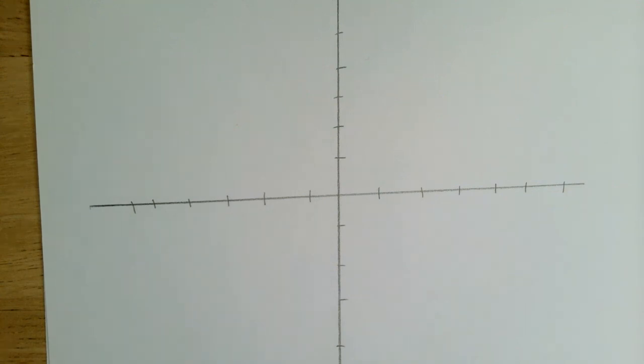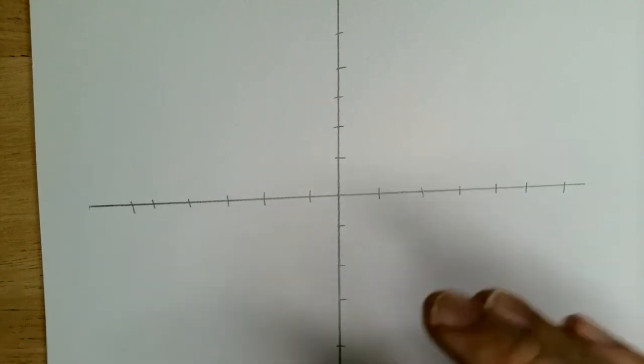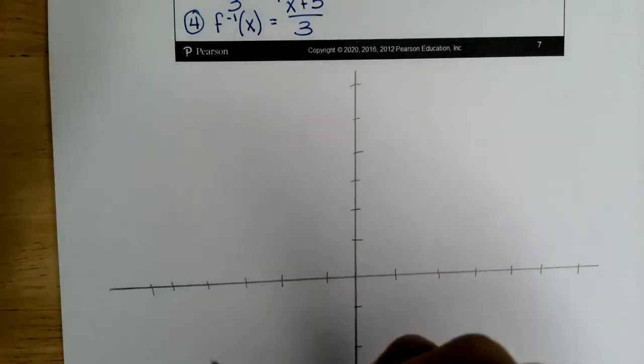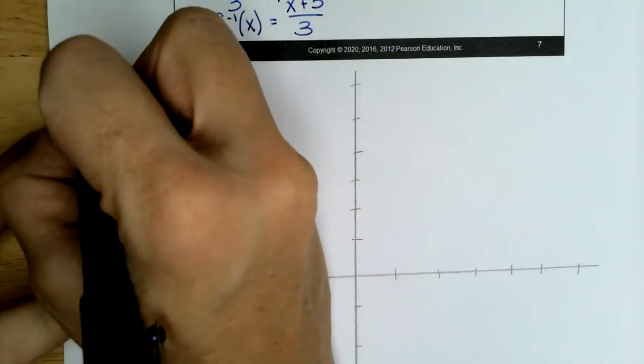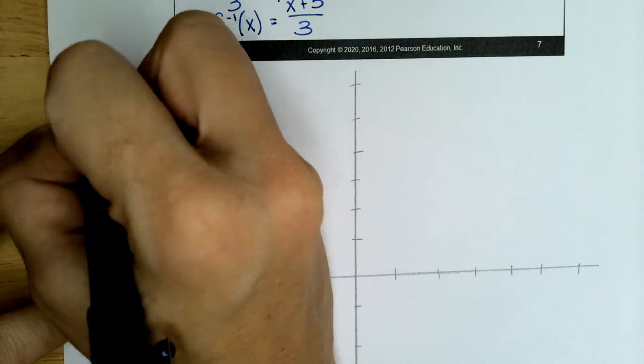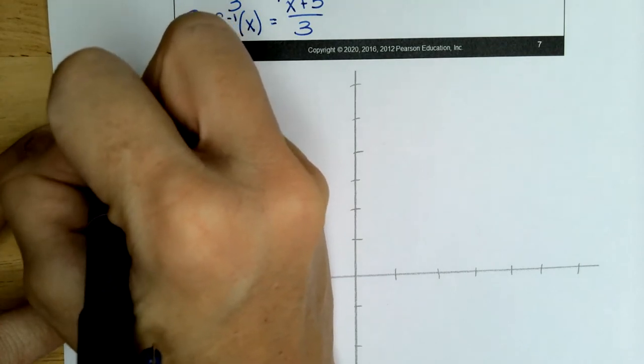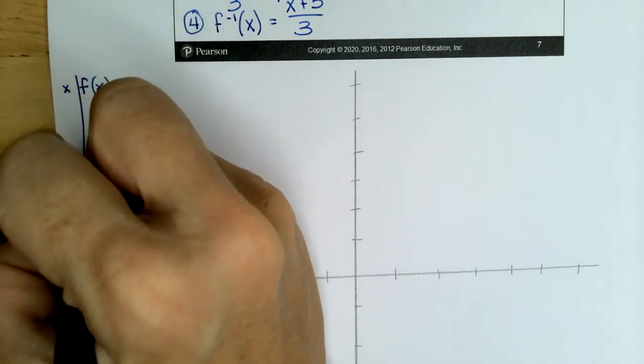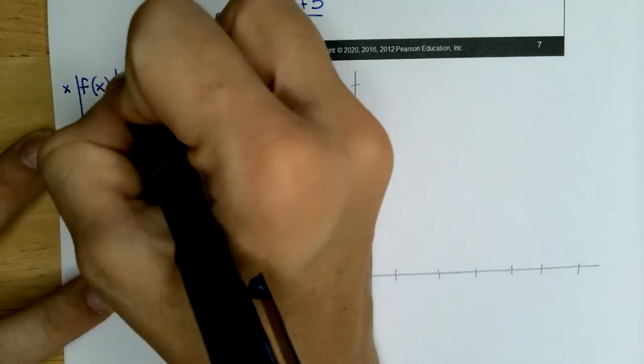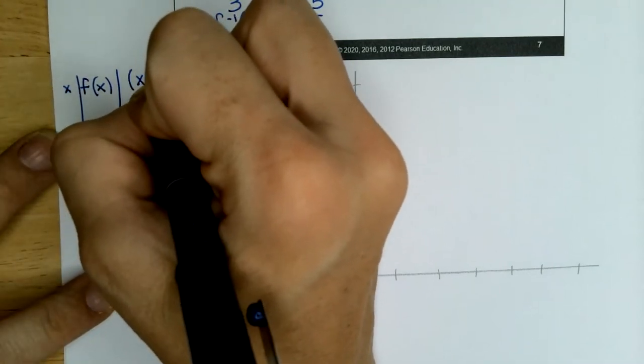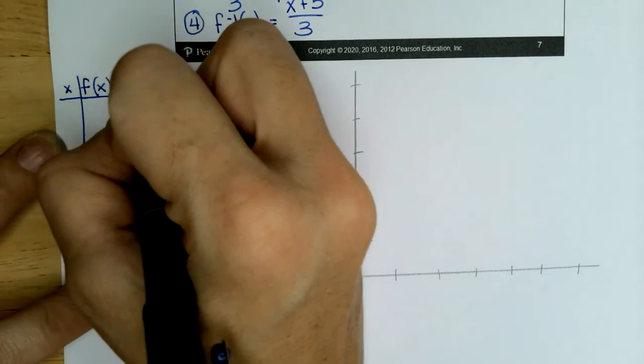That's f of x. I want to make a table to find some points. So I have x, I have f of x, and then I have my coordinates.